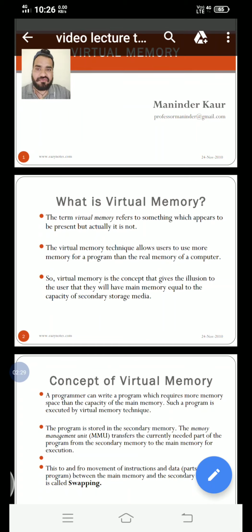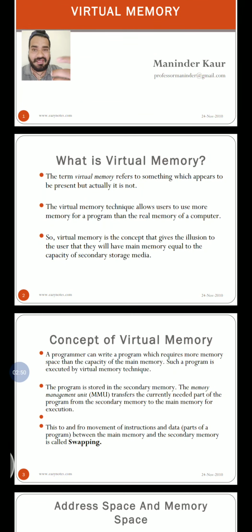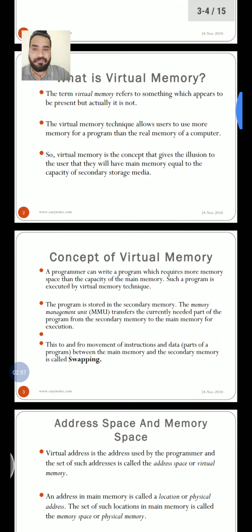So that is swap in, swap out. So we can execute a program of larger length than our main memory by the concept of virtual memory, which is actually not present, but we give the illusion that we have memory equal to that of the external media.